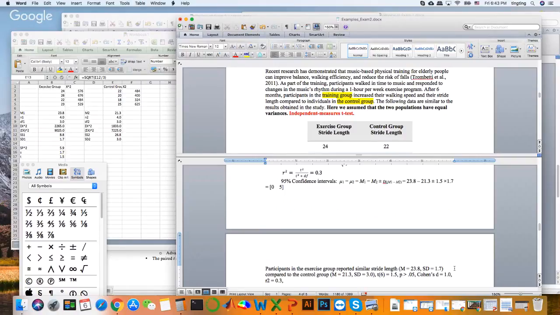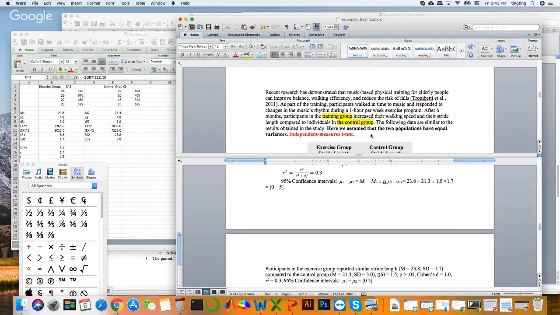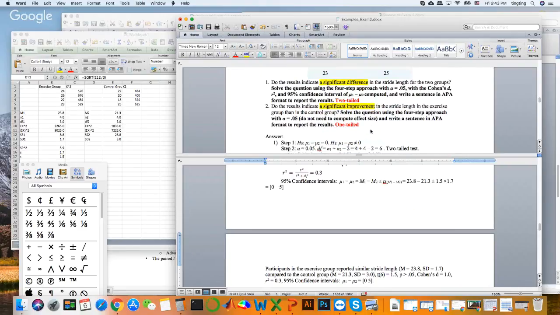Last one is the confidence interval of mu1 minus mu2, which equals to 0 and 5. That's it. So we solved question 1.